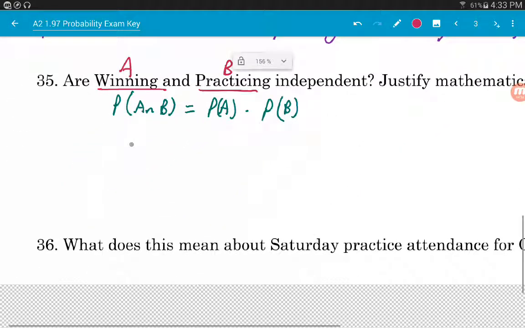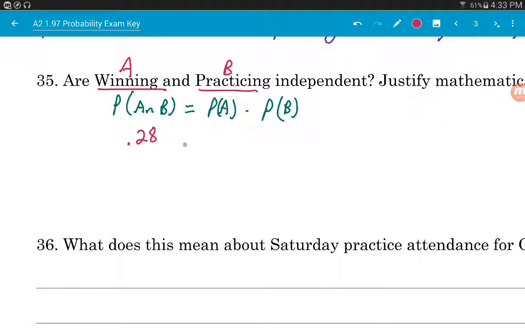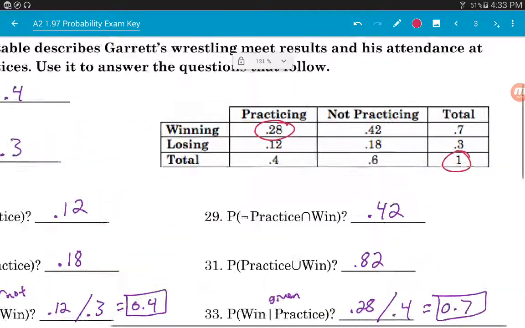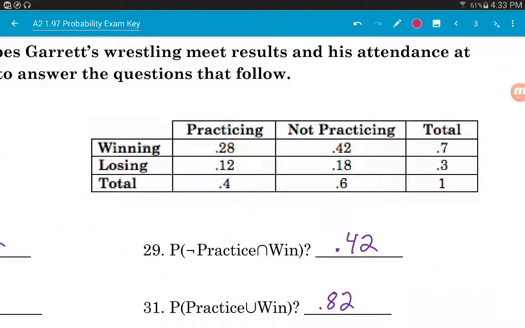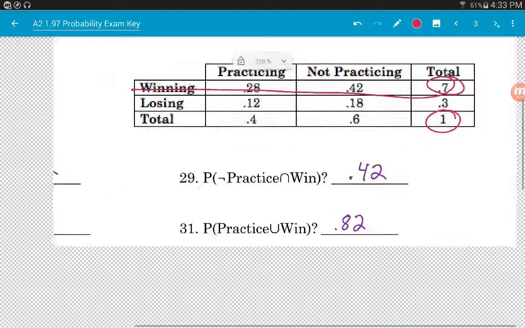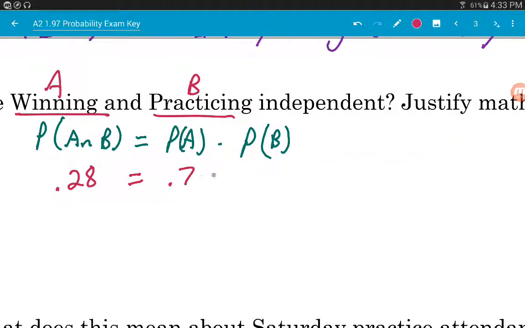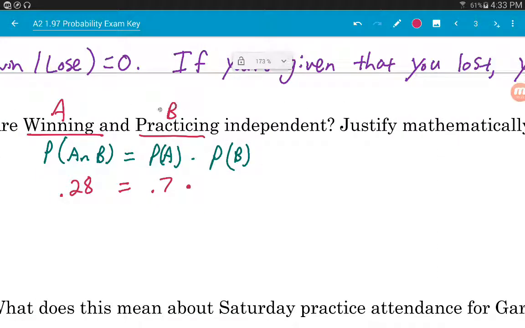So that's going to be 0.28 is equal to the probability of A, which is the probability of winning. Let's see, what's the probability of winning? The winning is 0.7 out of 1, which is just 0.7. So the probability of A is 0.7 times the probability of B, which is practicing.